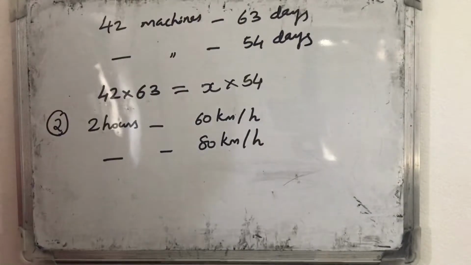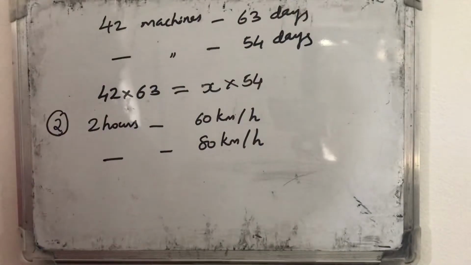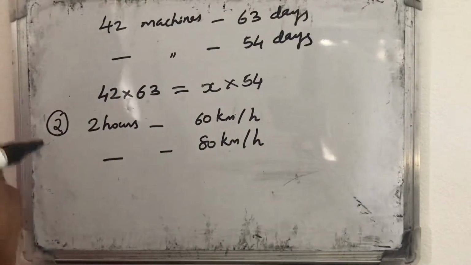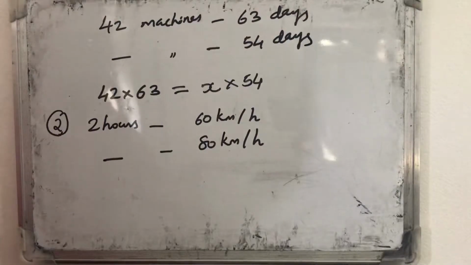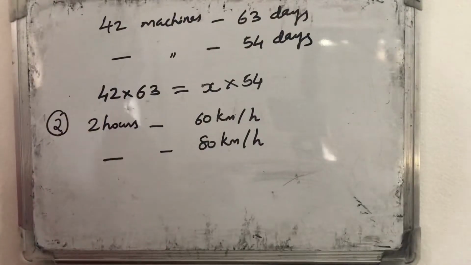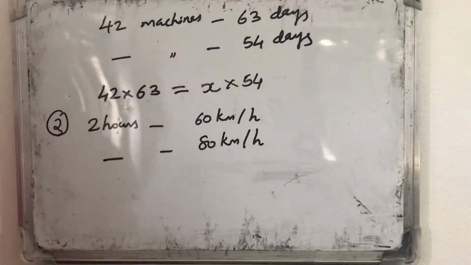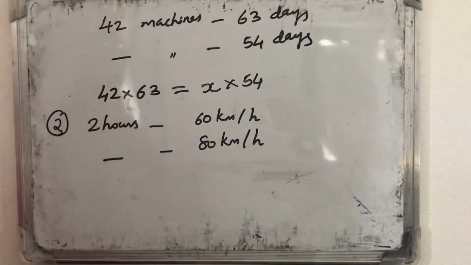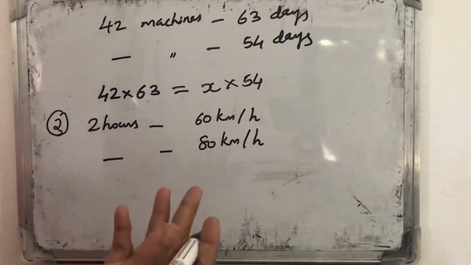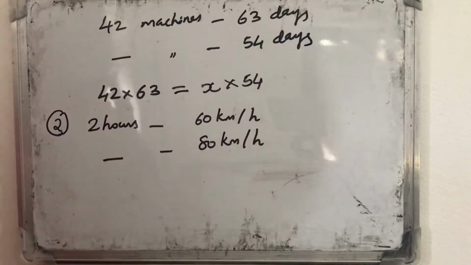Now we know if the speed of the car increases, it will take less time. The time will decrease. Just like if the speed decreases, then we need more time. So it is an inverse variation.